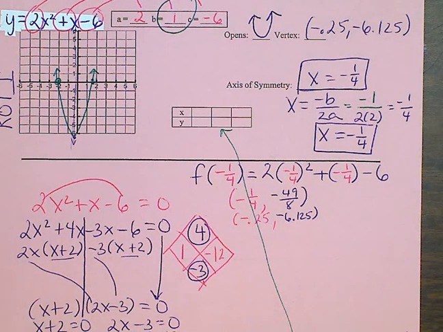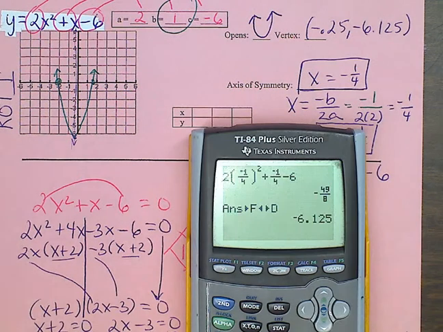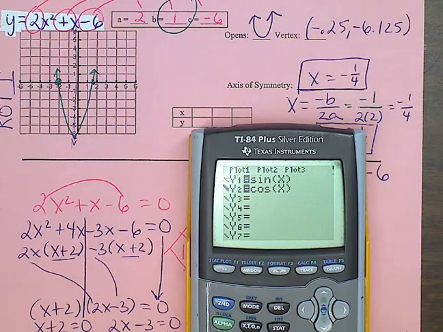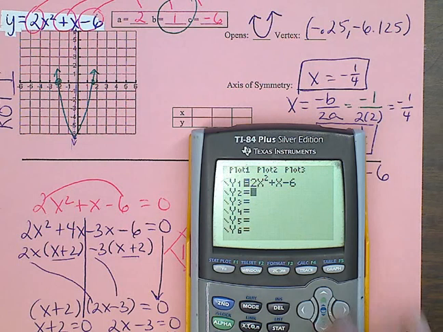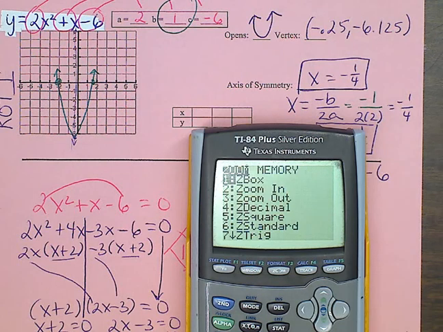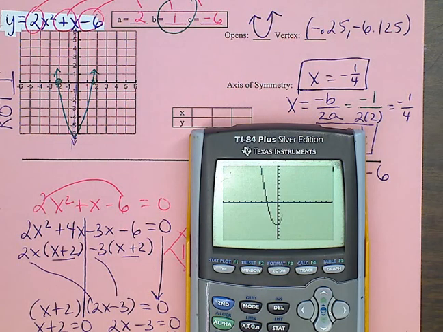Notice it has a parabolic shape. To check, enter 2x squared plus x minus 6, Zoom standard, and your graph should look just like mine. Good luck on this section.